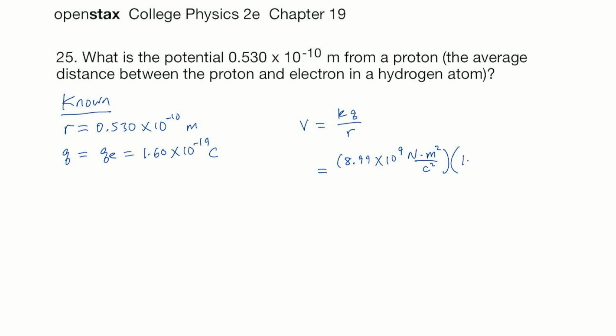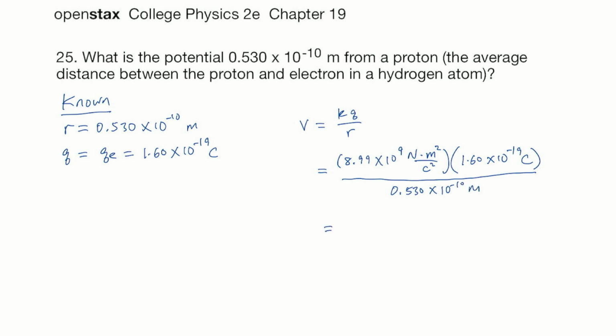Q, we said, is 1.60 times 10 to the minus 19 coulombs. We're dividing that by r, which is the 0.530 times 10 to the minus 10 meters.